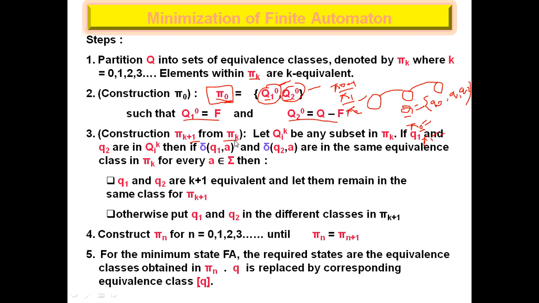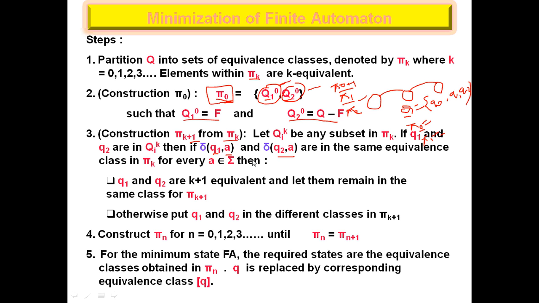While making pi 2 from pi 1, we consider only one thing: for a single kind of input, if two states have the same transition, then these 2 states belong to the same equivalence class. Q1, by seeing A, goes to the same state, while at the same time Q2, by seeing A, also goes to the same state.